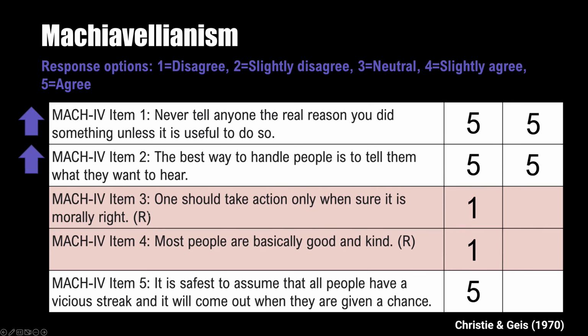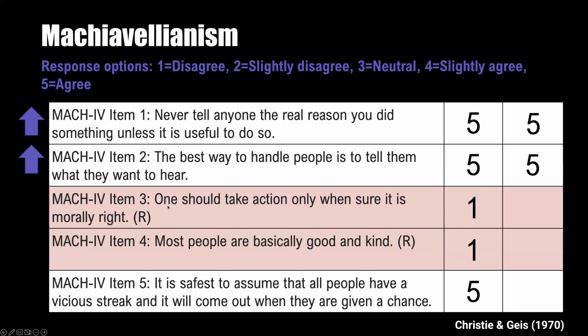Now, I have put R's here. This is typical notation for a reverse scored item, that you have an R in parentheses after the question. One should take action only when sure it is morally right. So this is opposite of the Machiavellianism construct.